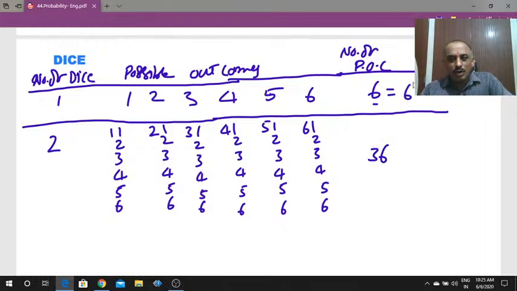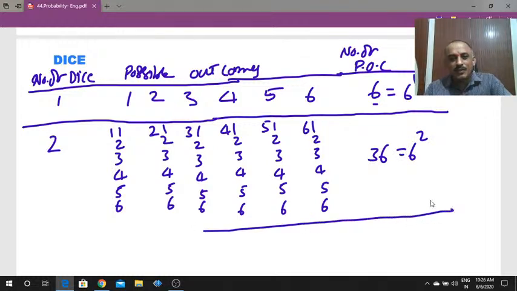If a person throws only one die, the number of possible outcomes is 6 power 1, that is 6. If a person throws two dice, the number of possible outcomes is 6 squared, that is 36. If a person throws n dice, the total number of possible outcomes is 6 power n.